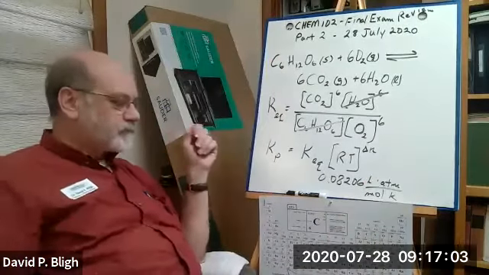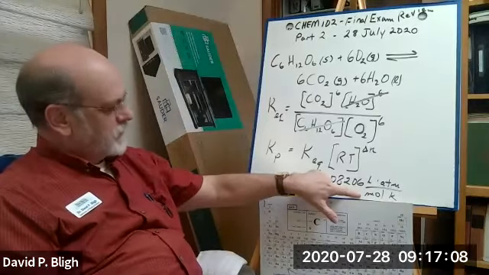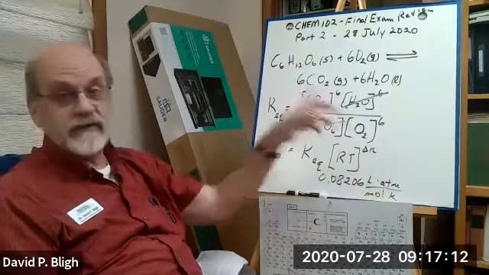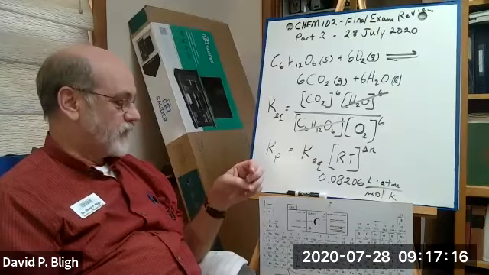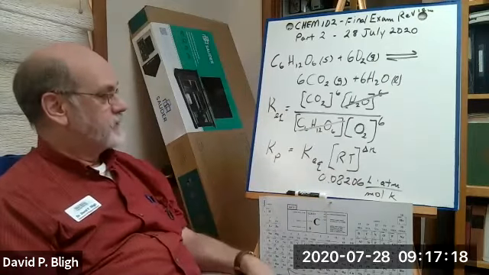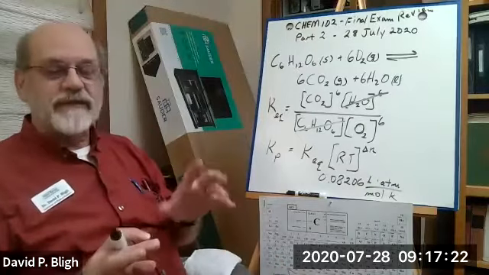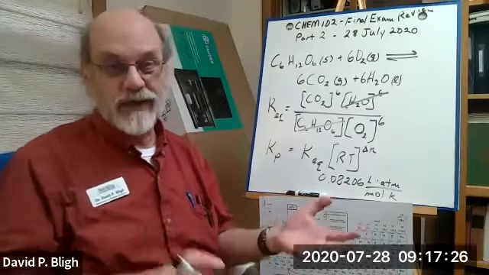Okay? And that will get rid of moles and liters and temperature Ks and leave us with atmospheres. Or it might leave us with no atmospheres, right? The convention is that the Ks never have units assigned to them because they can get too complicated.